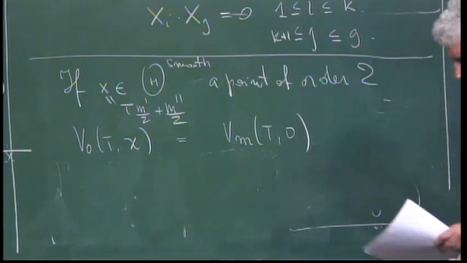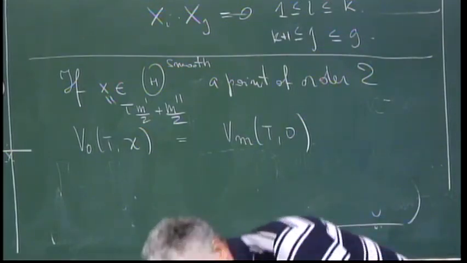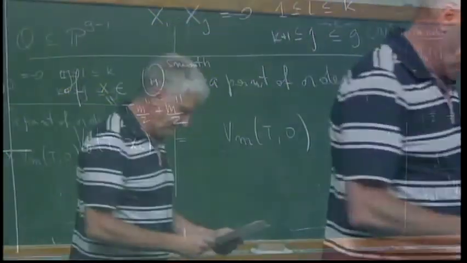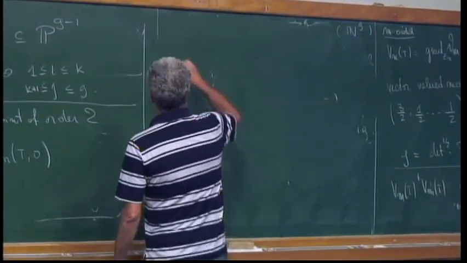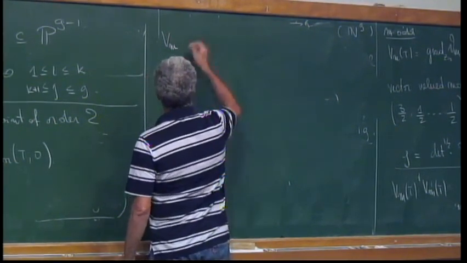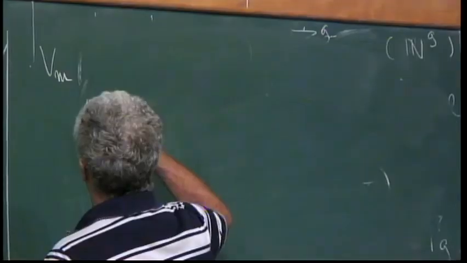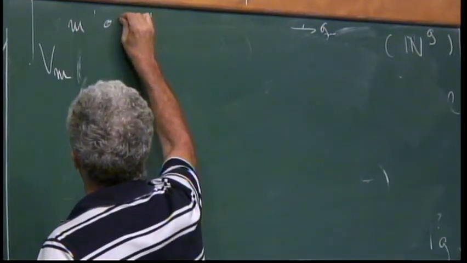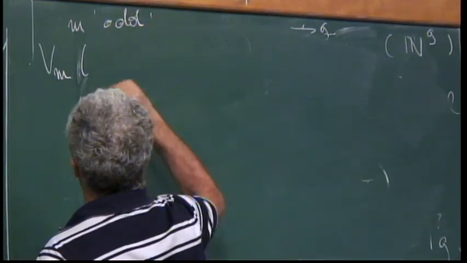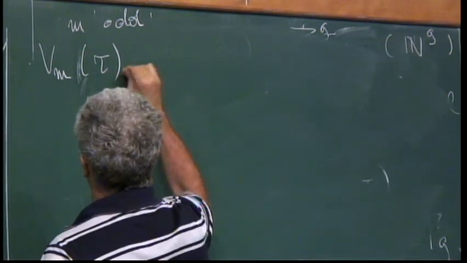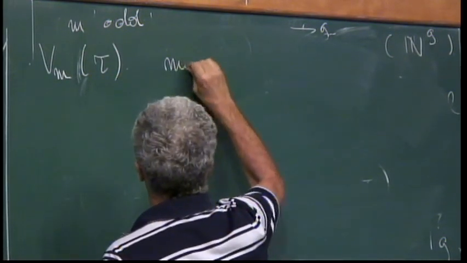So at this point, I have this situation. I have this function nu_m, m odd, and nu_m of tau. This is a modular form.